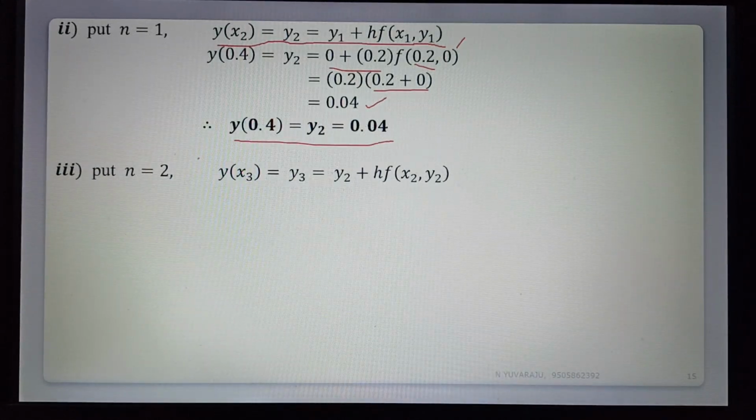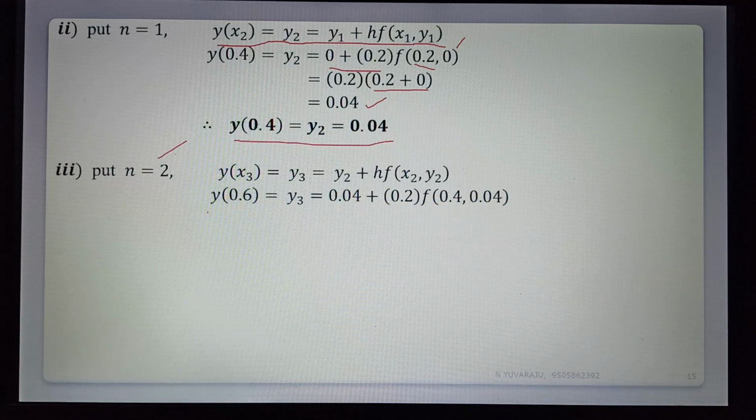Next, the third value y of 0.6, substituting n is equal to 2, that is y of 0.6 is equal to y3 is equal to y2 value 0.04 plus h 0.2 into f of x2 comma y2, where x2 is equal to 0.4, y2 is equal to 0.04.